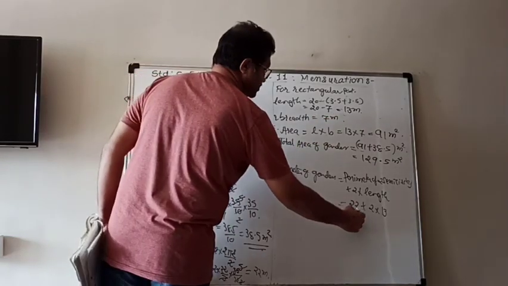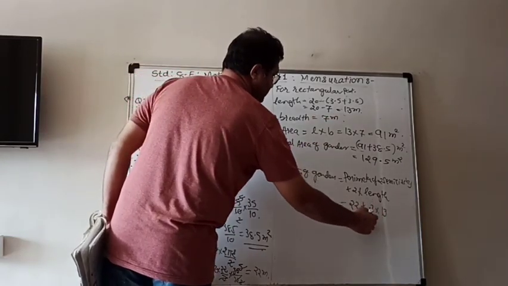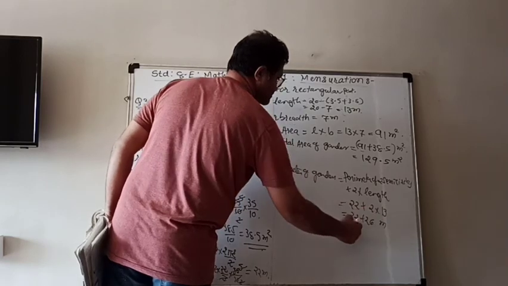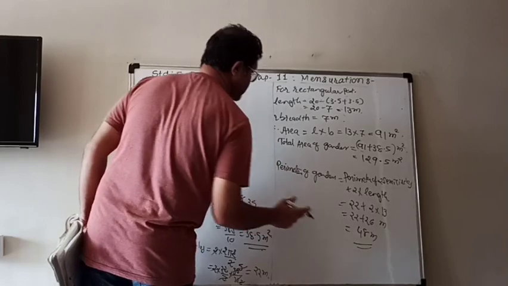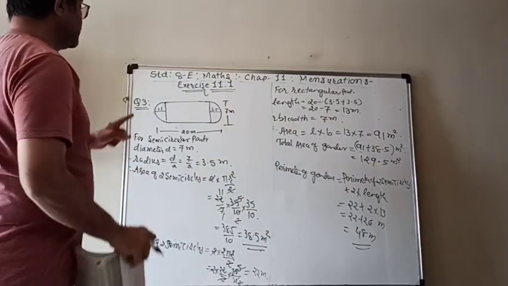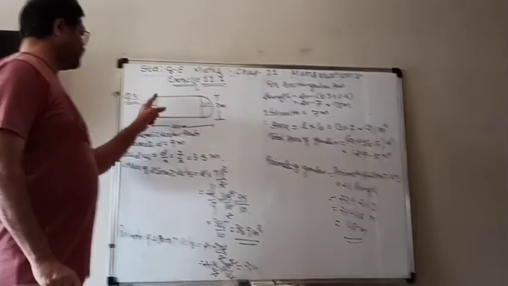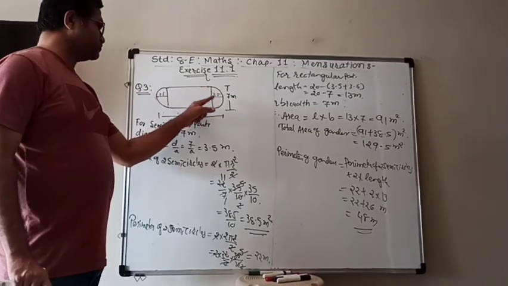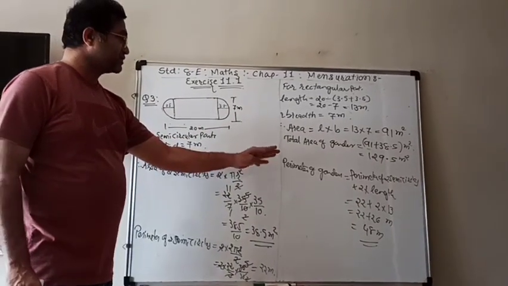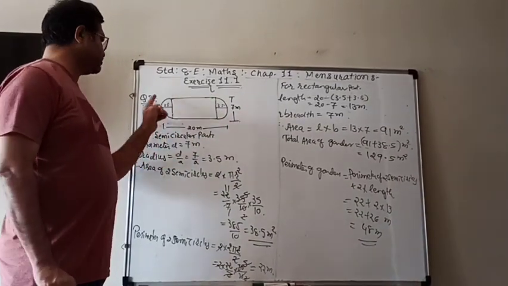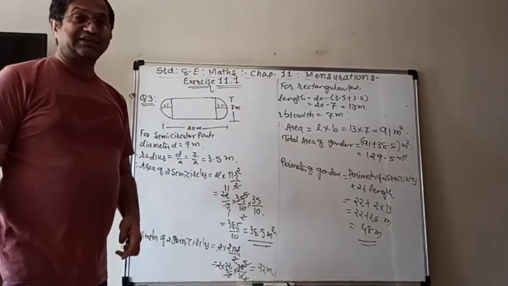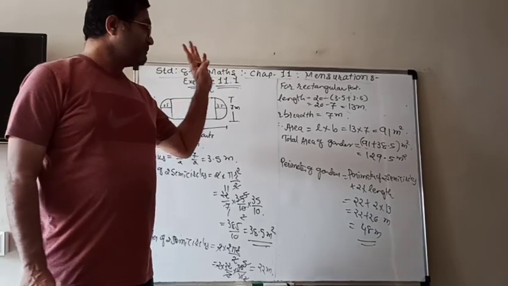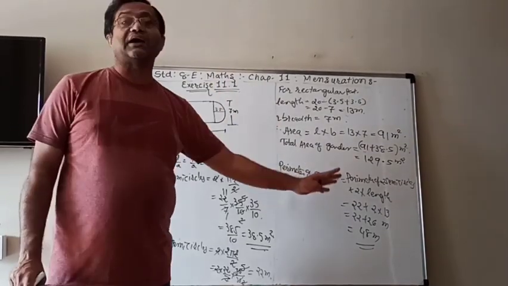So that is 22 plus 26 meter. So it is 48 meters. So here we find the area of the rectangle and the area of two semicircles and add them, and we find the perimeter of both semicircles and then add the 2 times length, so we get the perimeter of the garden.